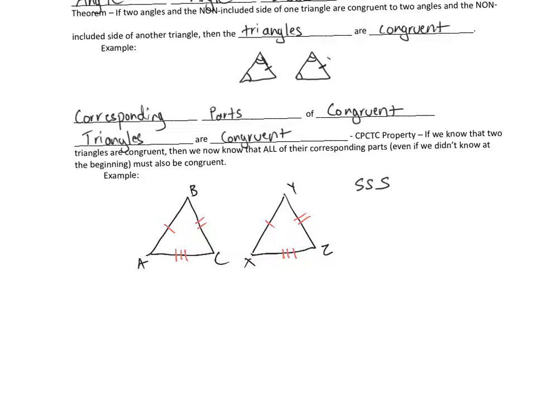Well, since those are congruent, I can also say, because of that, the angles have to be congruent. I can say that angle A is congruent to X, B is congruent to Y, and C is congruent to Z, using that corresponding parts of congruent triangles must be congruent.